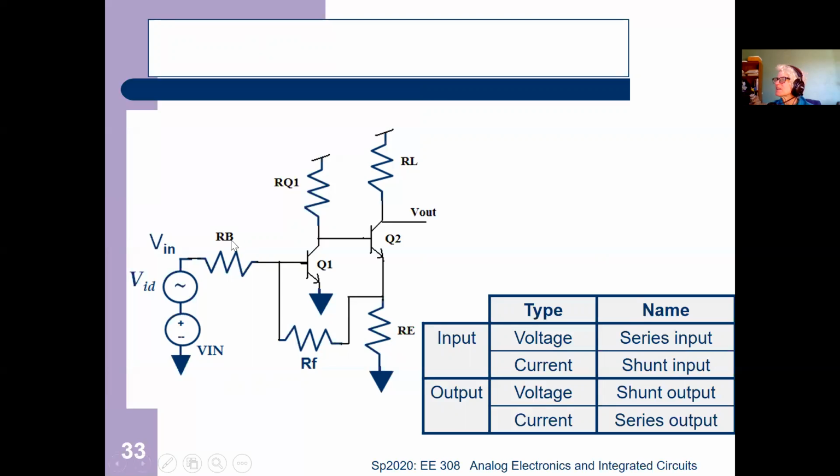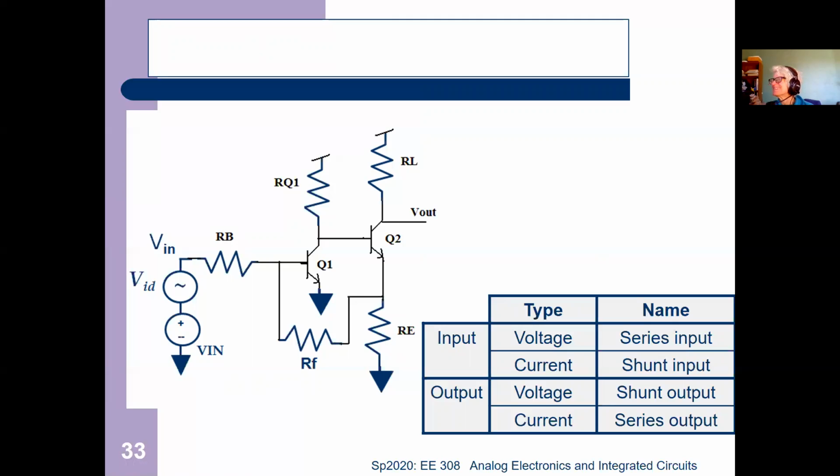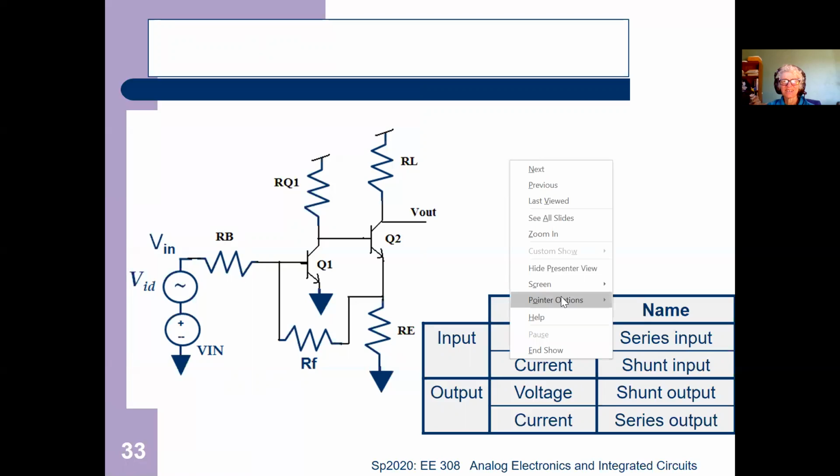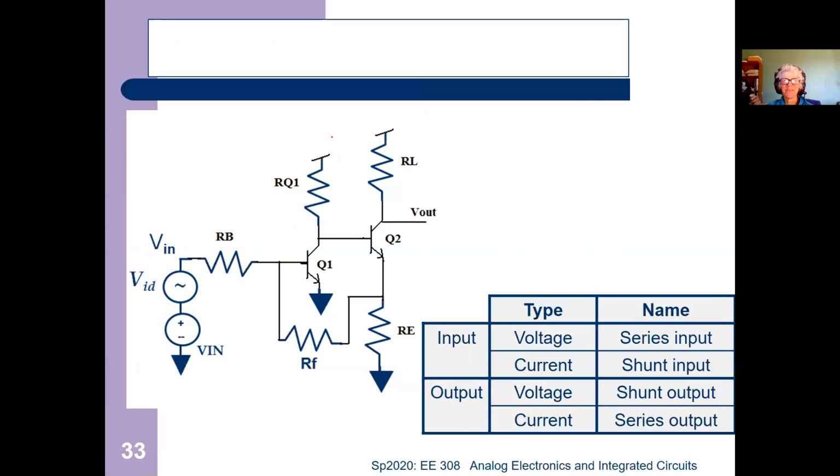I forget if this is animated or not. Let's see. It's not animated. Okay, but I'm going to guess it's whatever the title was. Is it shunt input, series output?